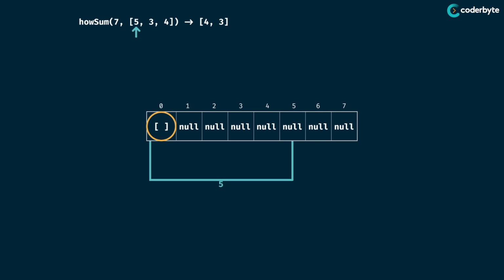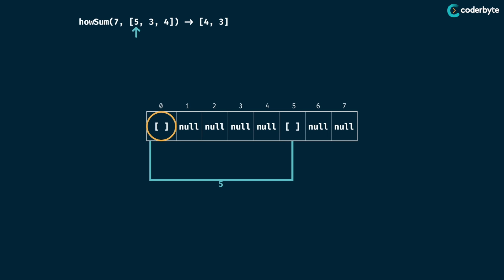And so if I know that my current position is possible, right? I see that I have an array in my current position, so I know it's possible. If this current position is possible, then a position exactly 5 steps later would also be possible, right? And so what I'll do is I'm just going to copy my current value into my further value. In other words, I'm going to put an empty array at position 5, right?